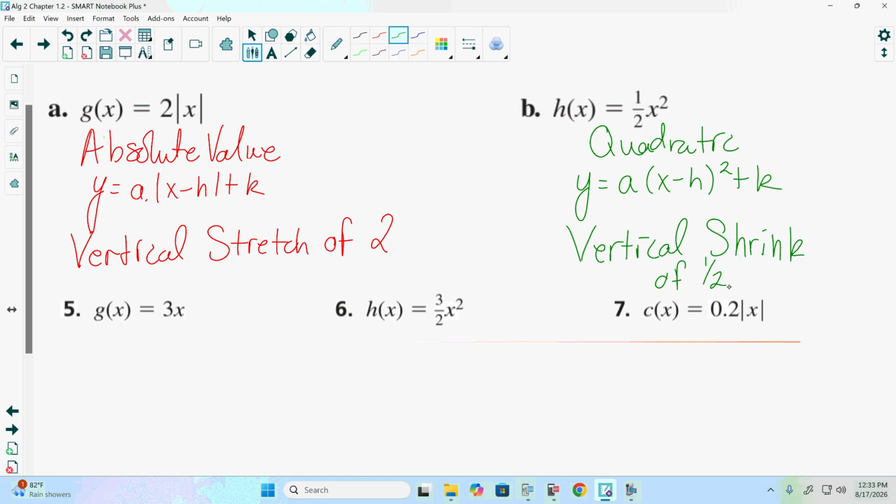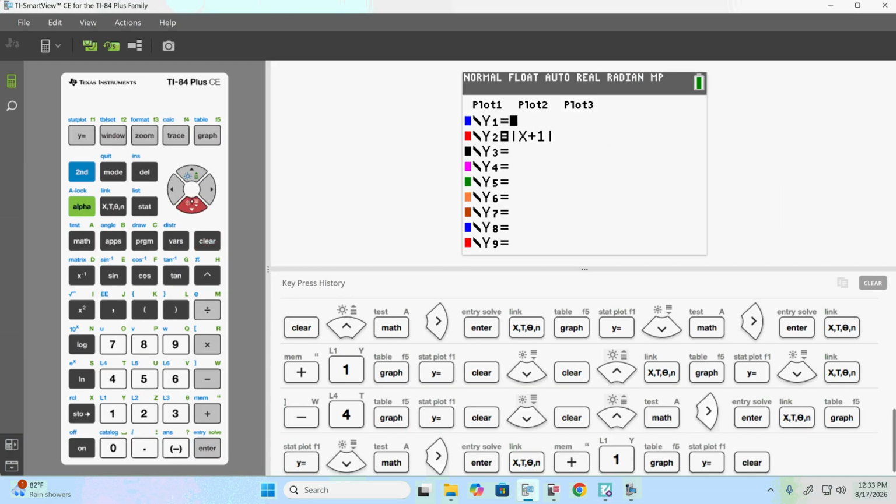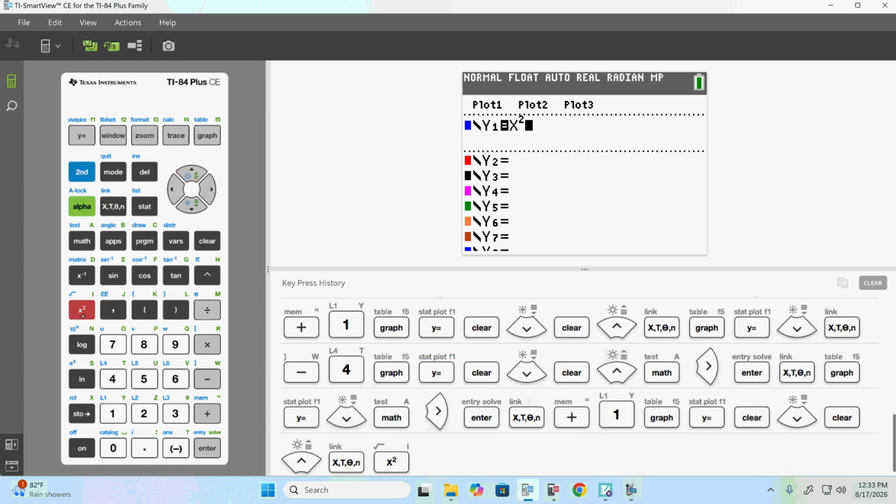Graphically speaking, when we say stretch, it's increasing along the y-axis faster, so it's getting narrower. Vertical shrink means we're compressing the y values, so it gets wider. Quadratic.